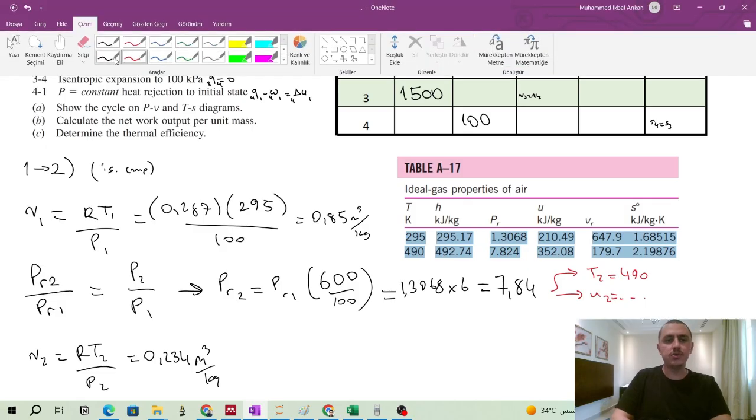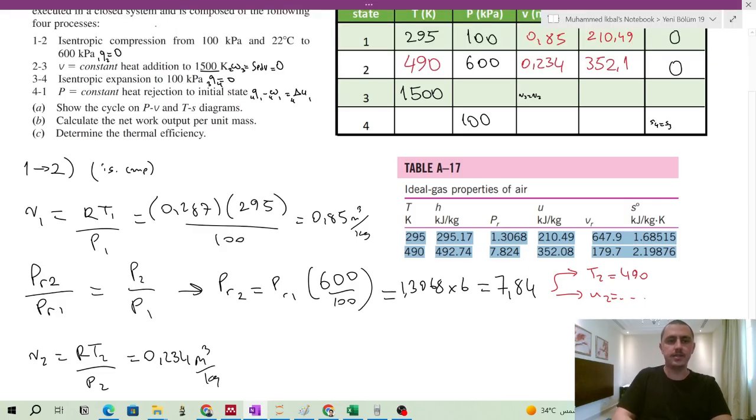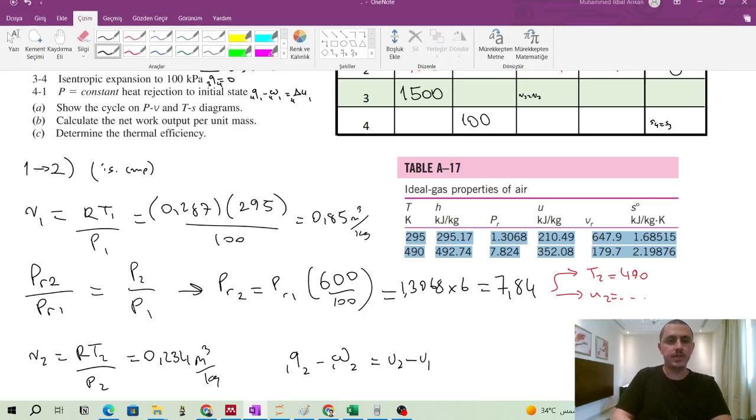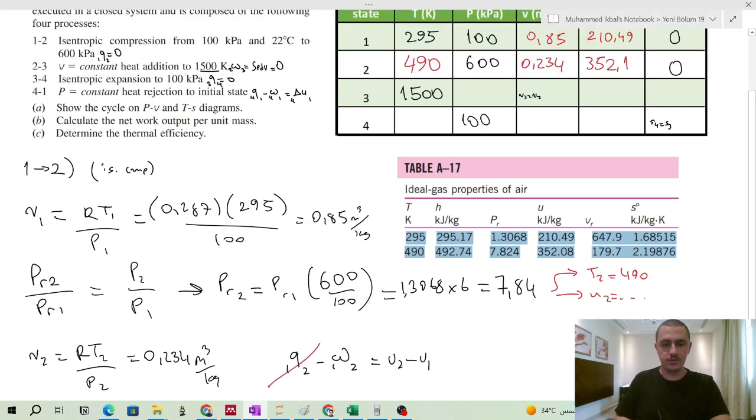And now we can also use the first law of thermodynamics. Q from 1 to 2 minus work from 1 to 2 is equal to delta U, or you can say U2 minus U1. And I know it's an isentropic process, so Q is equal to 0, right? So I can find the work. Work from 1 to 2, if you send this negative sign to the other side, is U1 minus U2.